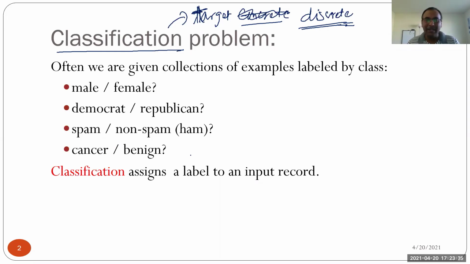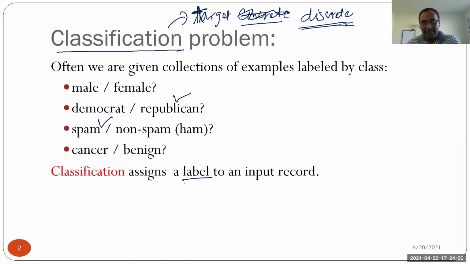Ultimately, in the training data also, we will be given some label, and that's what we want to predict. When we are given test data for which we do not know the label, we would like to give it a label. We'll say, this email looks like spam, or this guy looks like a Republican. That's what we have to do in classification.